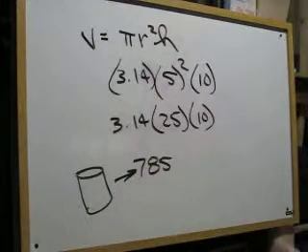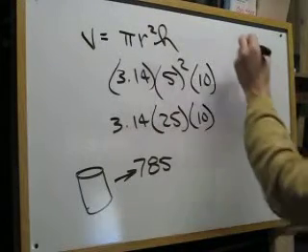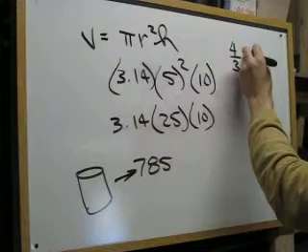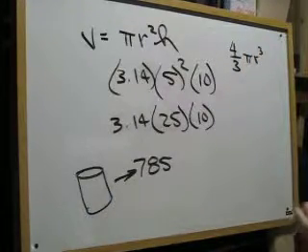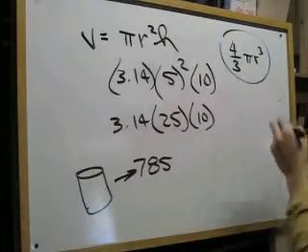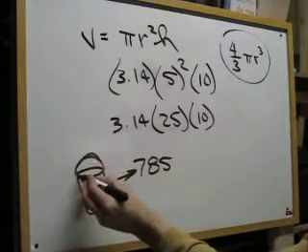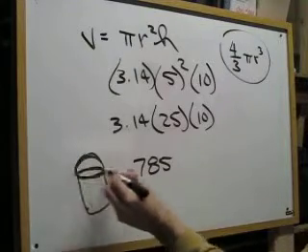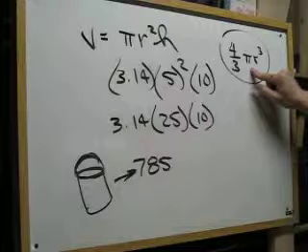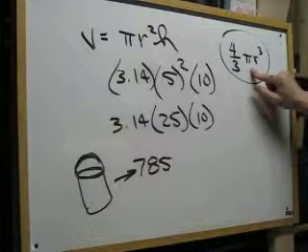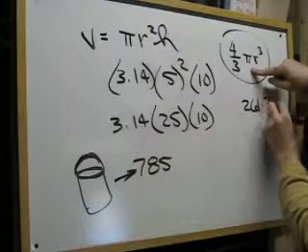What we did before with the volume of a sphere with our 4/3 pi r cubed, we found that, and then we took half of it to find the top part. Now we add the 785 to that answer, which ends up being 261.7.